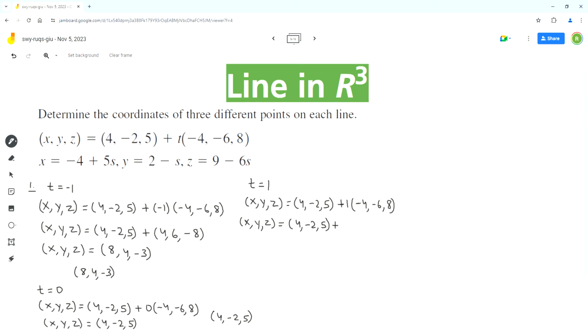We should multiply the components -4, -6, and 8 by 1.